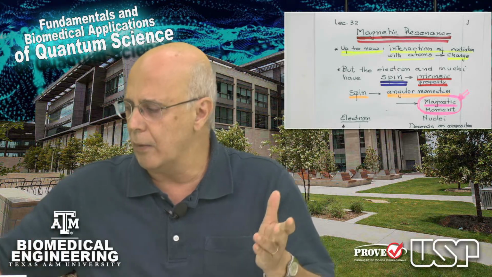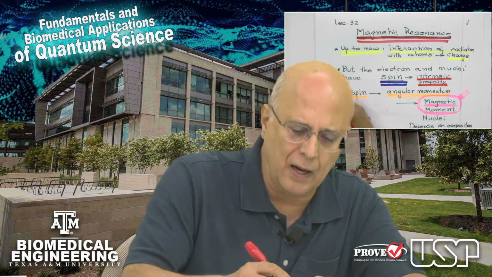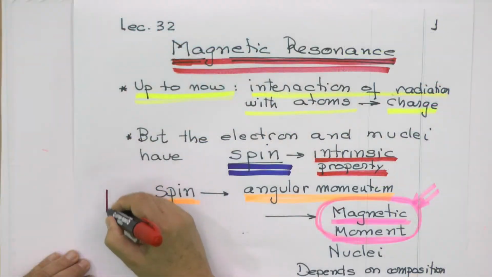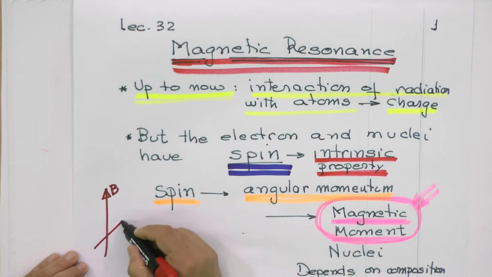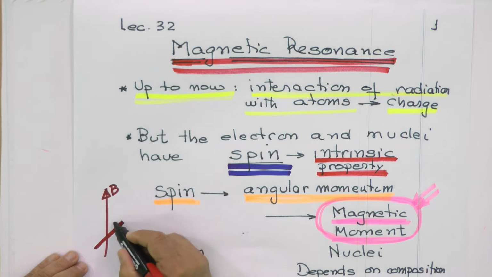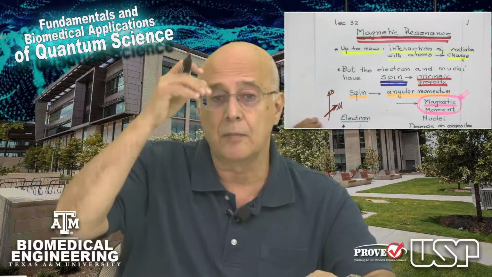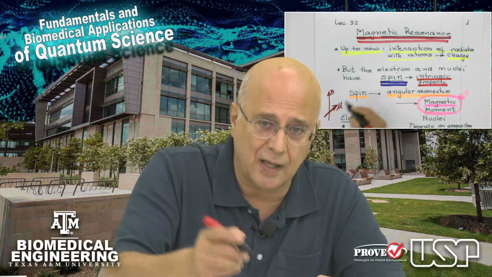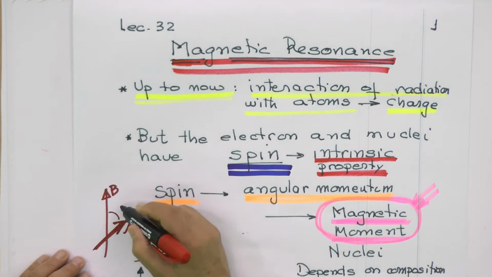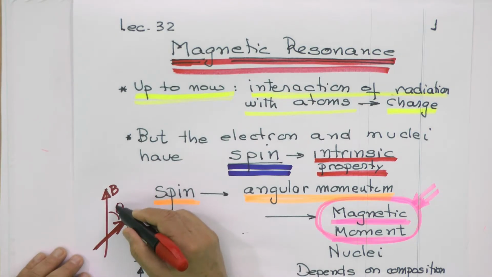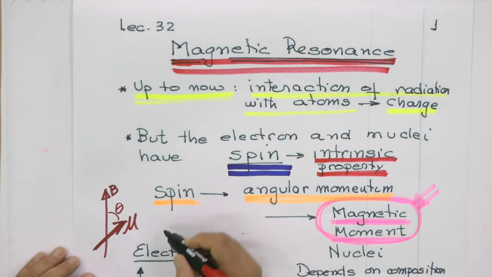As you know, when I have a magnetic field here, and somewhere I have a dipole moment, a magnetic moment, which is a dipole type of moment, right? Then there is an energy of interaction between the magnetic field and the angular momentum.